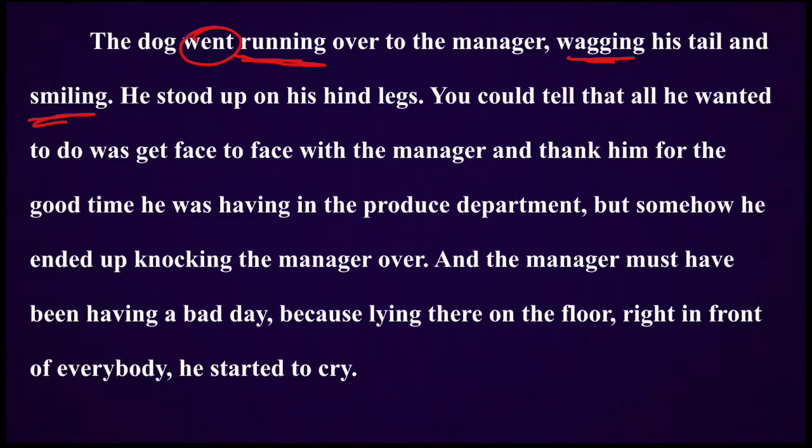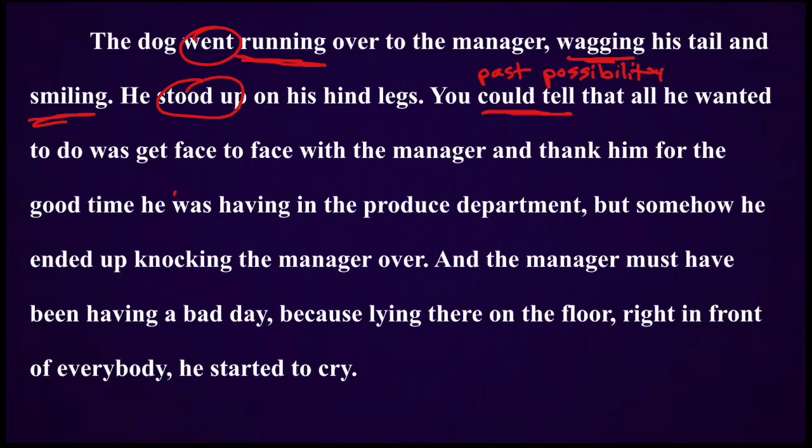He stood up, past simple, on his hind legs. You could tell. Here we have "could tell." This is past possibility. It means you were able to tell that all he wanted to do was to get face-to-face with the manager and thank him for the good time he was having.